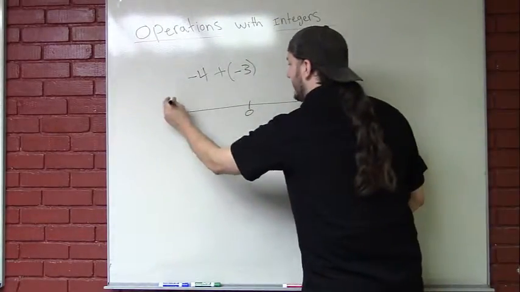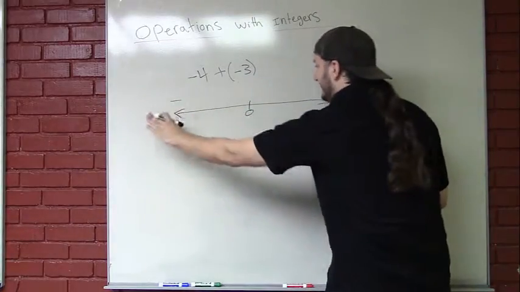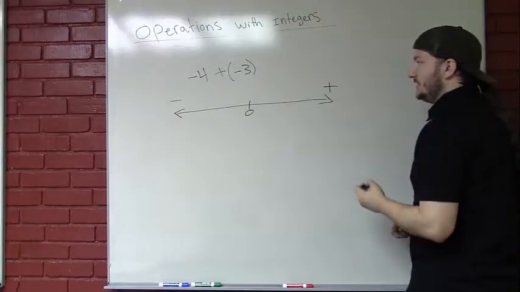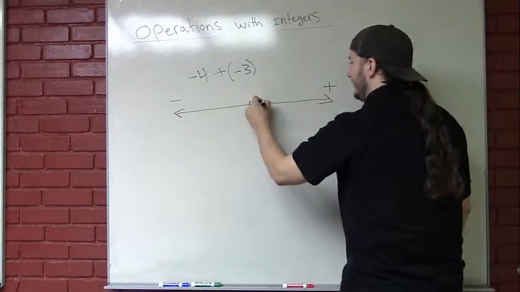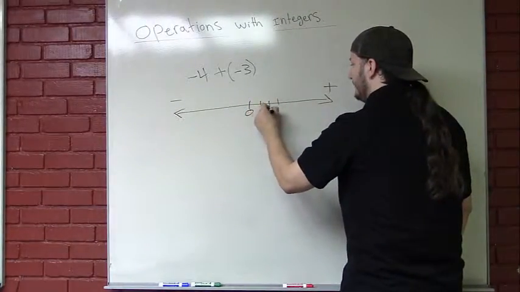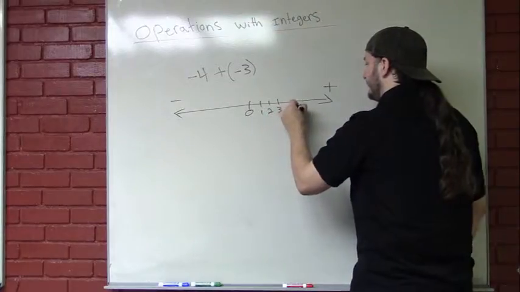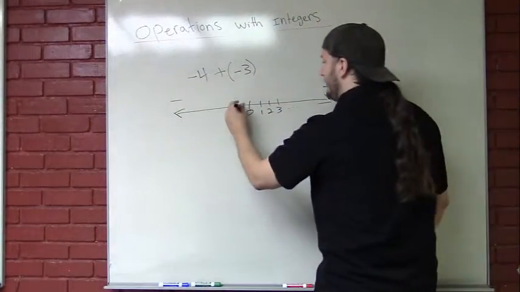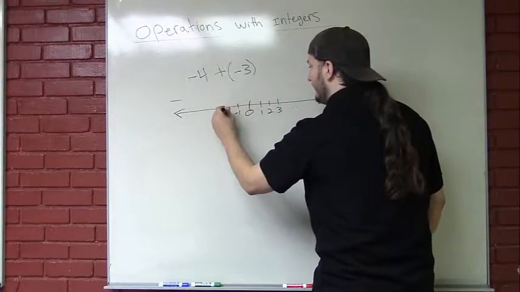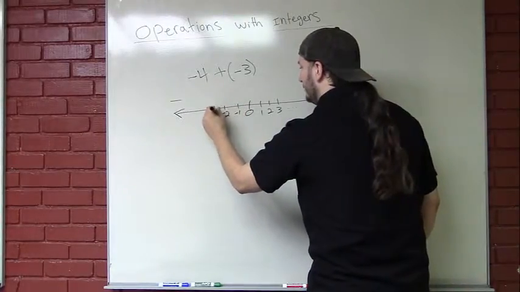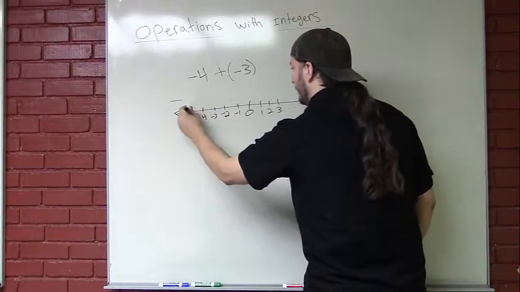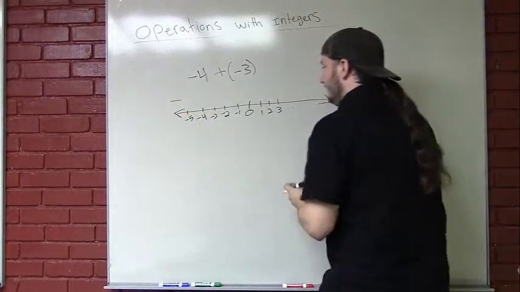So going to the left is negative, going to the right would be considered positive. Okay, so you have 1, 2, 3. These are all positive numbers, and it just keeps going forever. And then over here you have negative 1, negative 2, negative 3, negative 4, negative 5.